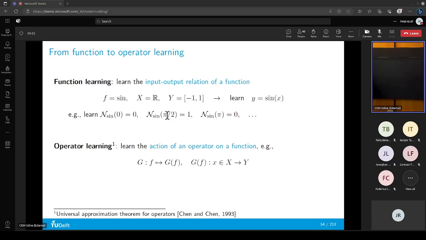In operator learning, we have this double mapping.